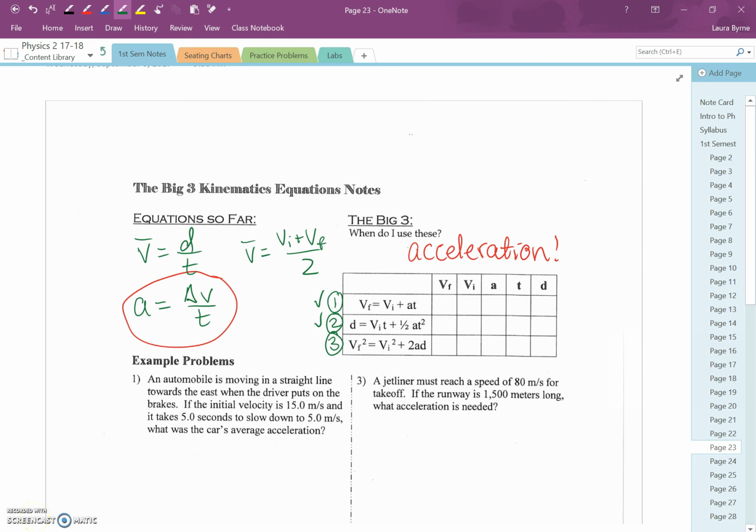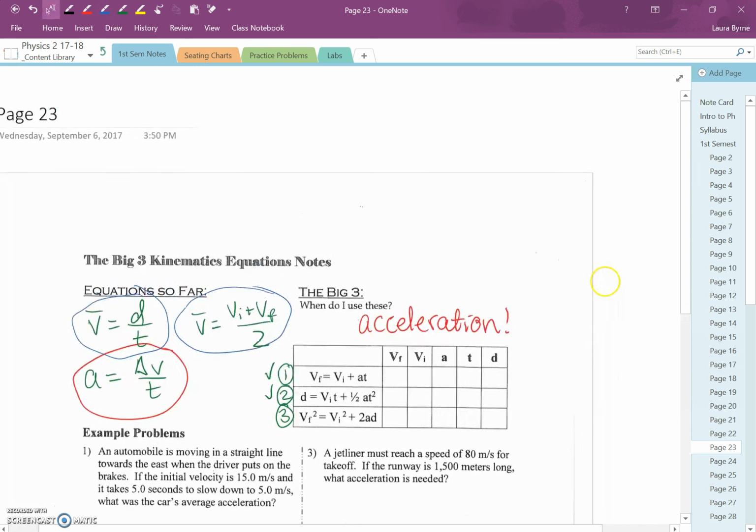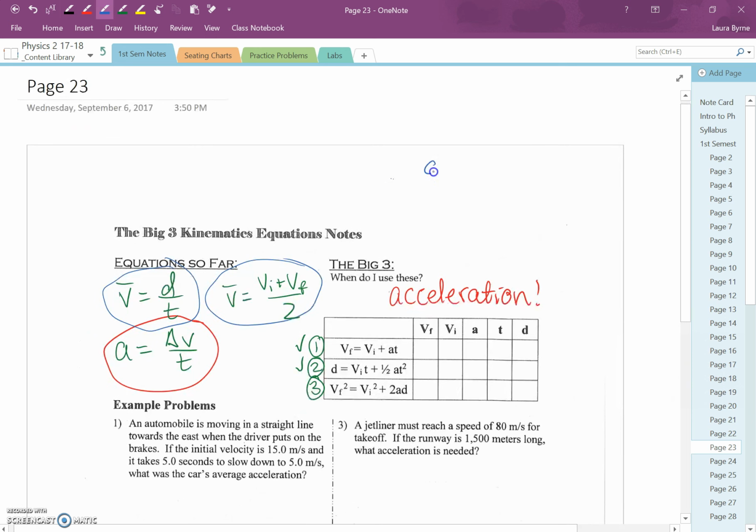So now we'll derive the last of these big three equations, and that comes from these two average velocity equations. So we're going to combine these two equations. So we know that d equals the average velocity times time. We have another equation for average velocity that we've looked at, which is Vf plus Vi over 2.